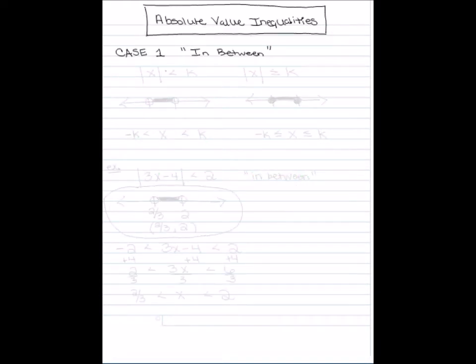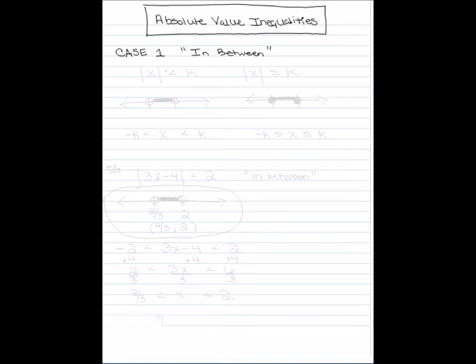Okay, absolute value inequalities. I chose to break this up into two different cases, case number 1 and case number 2. Let's focus in on case number 1. Case number 1, I call this an in-between type problem, because of the way it looks on a number line.